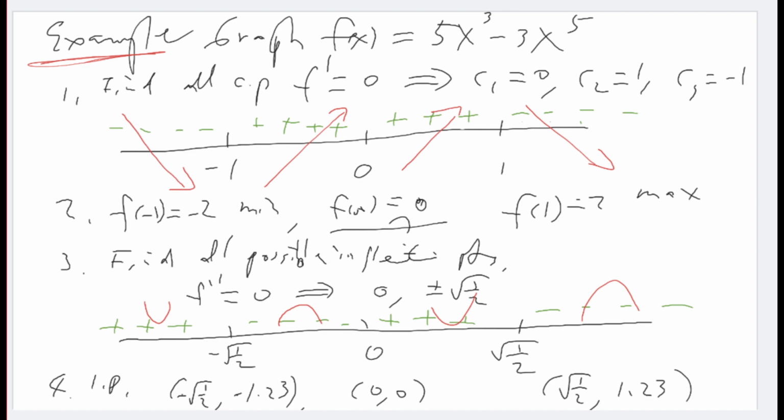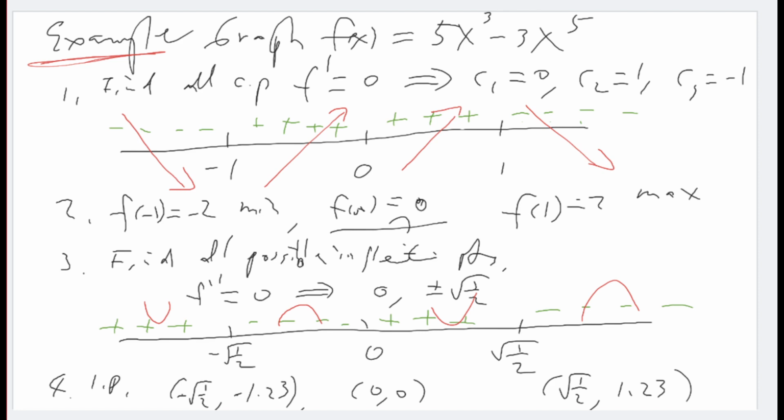Find the critical points: set f prime equal to 0 and solve, and you find the 3 critical points. Then do a sign chart and get the increasing and decreasing distribution: decreasing, increasing, increasing, decreasing for our function.